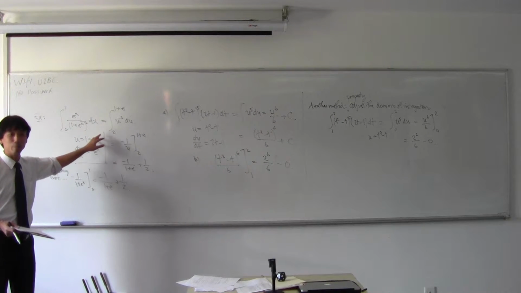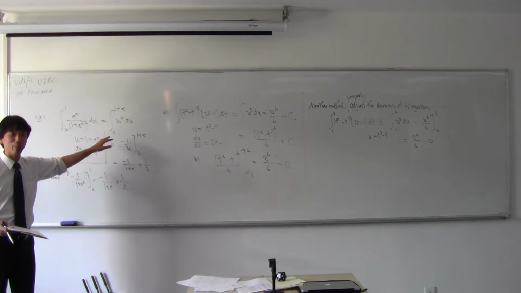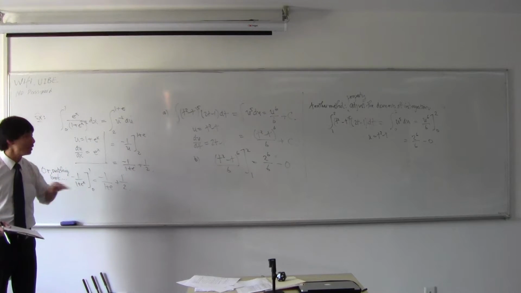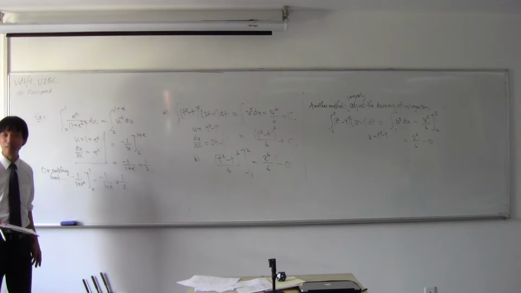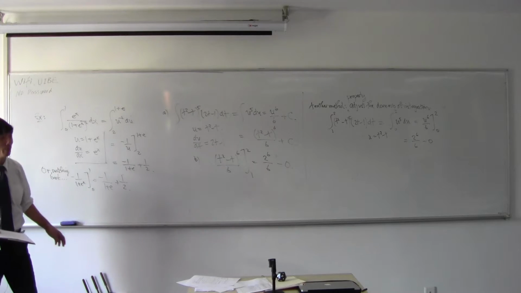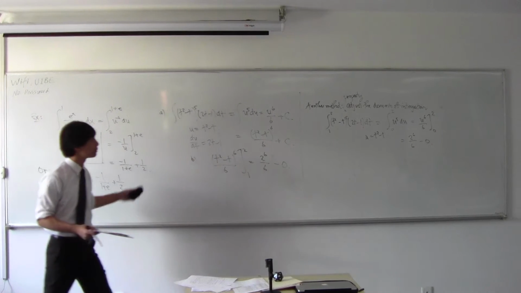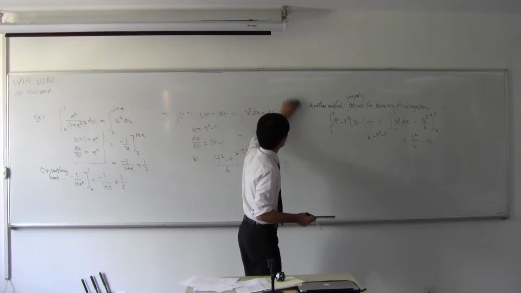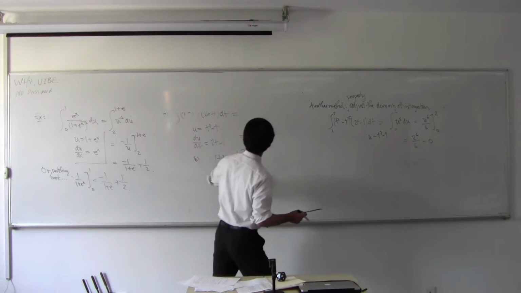How many people like to switch the domain of integration? Okay, it seems like some people like the second way better. I think the second way is better. But it doesn't really matter. You do the same thing anyway.